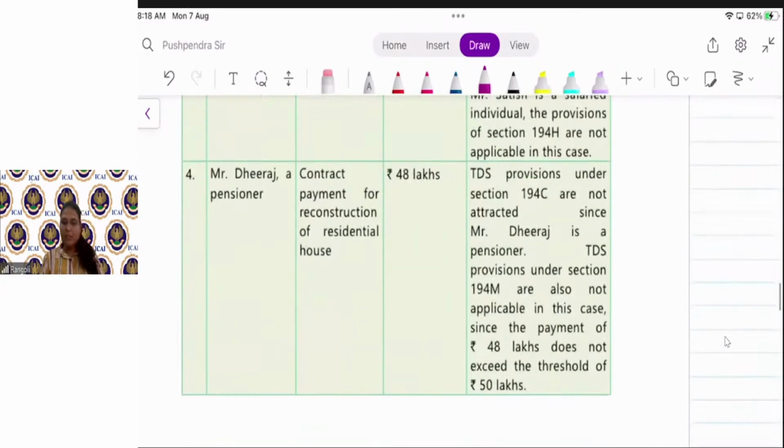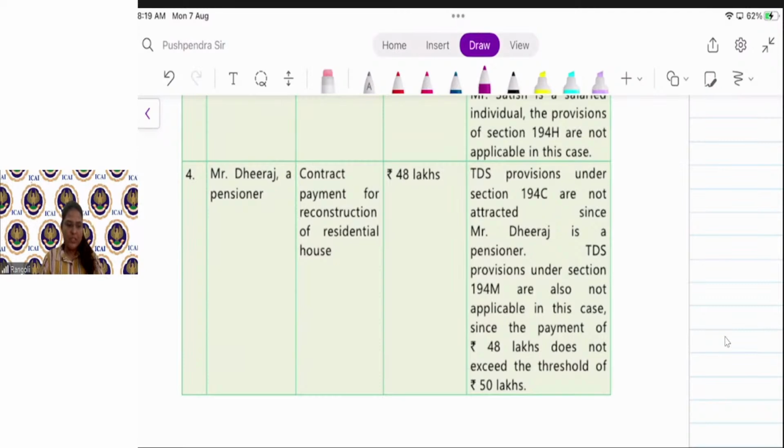Mr. Dheeraj, a pensioner. Mr. Dheeraj is a pensioner, so he is not required to deduct TDS under section 194C, 194H and 194J because he does not have any business income in the last year. Contract payment he made in the current year is for reconstruction of residential house amounting to 48 lakh.